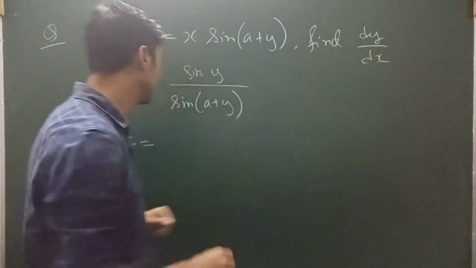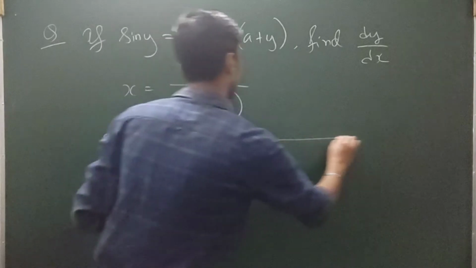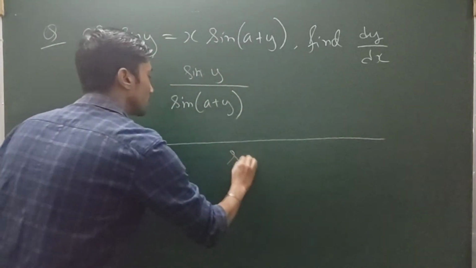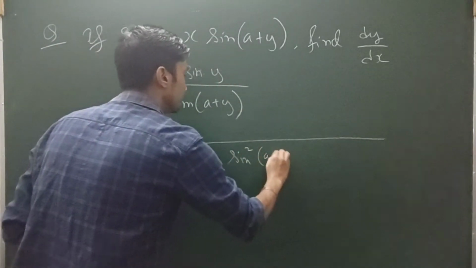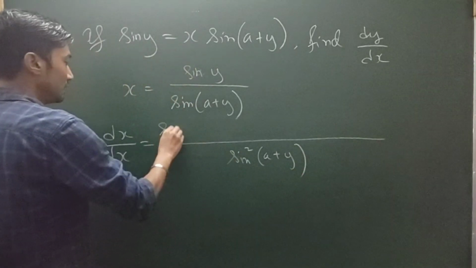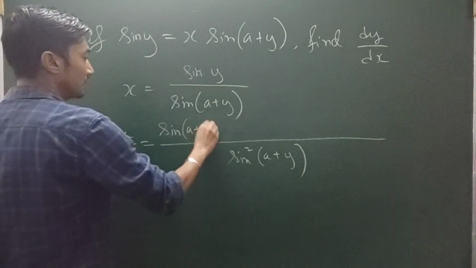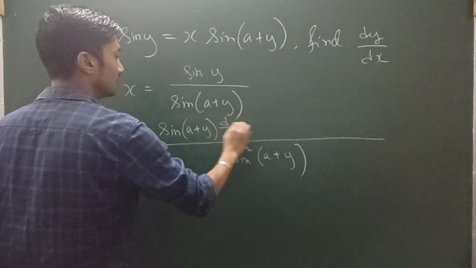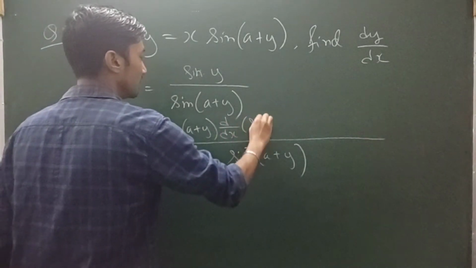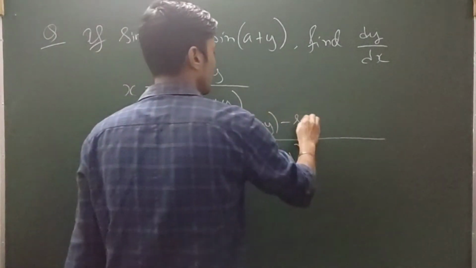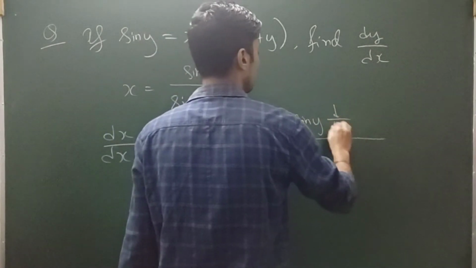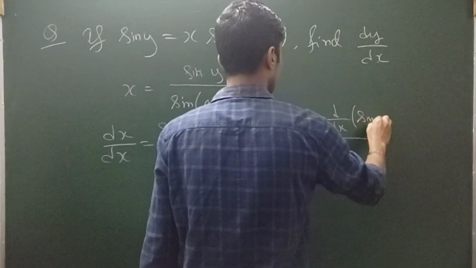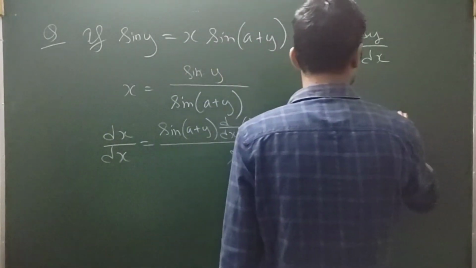Dy by dx is equal to quotient rule, square of the denominator, then denominator into derivative of the numerator minus numerator into derivative of the denominator.